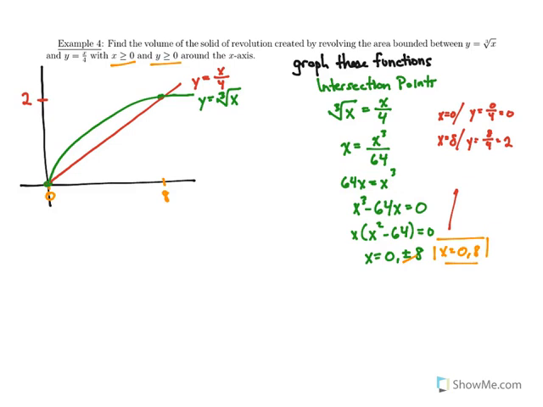Then it says we're going to take that area bounded in between these two functions. That's this area right here. And we are going to revolve that area around the x-axis. Take that area, revolve it around the x-axis, and that's going to give us a solid that we can find the volume of.